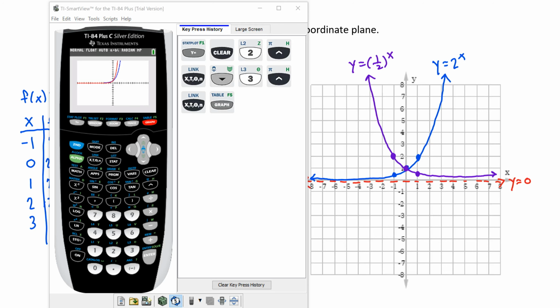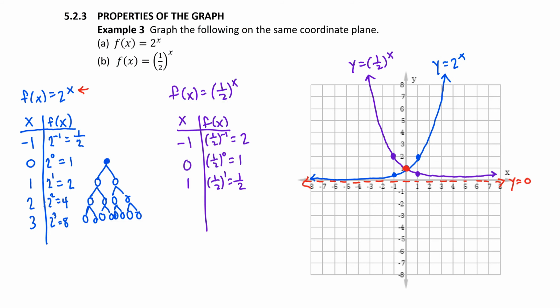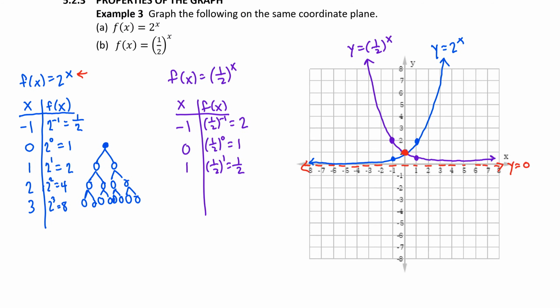If we were to graph 5 to the x or 10 to the x, we would see the same basic properties. We'd see an increasing exponential function, and the horizontal asymptote would still be on the x-axis, and the y-intercept for both cases is the point 0, 1. If I look at other exponential functions with fractions as their bases, 1/2 to the x, 1/5 to the x, the basic shape will be there, but the steepness is what changes.